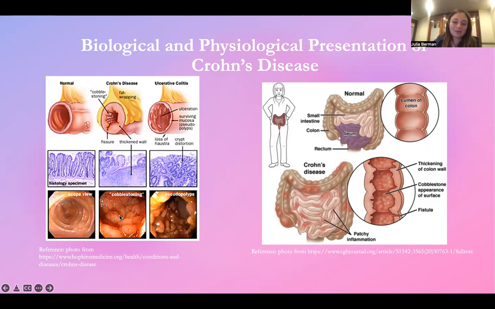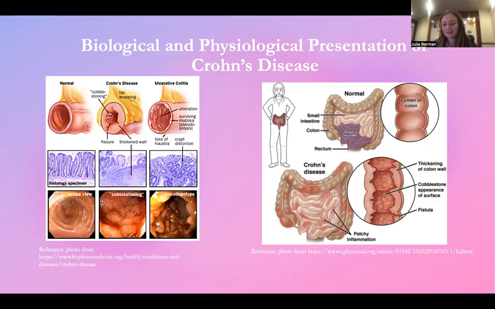And it's often diagnosed via scope such as a colonoscopy, and you can see this cobblestoning pattern and pseudopolyps forming, which are basically inflammation in the bowel. And it's important to have these tests done to identify and differentiate Crohn's from other medical conditions.